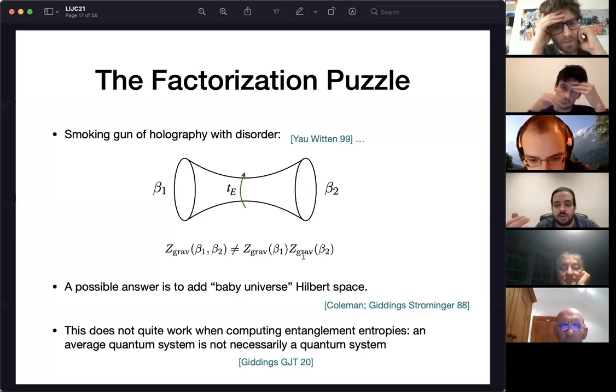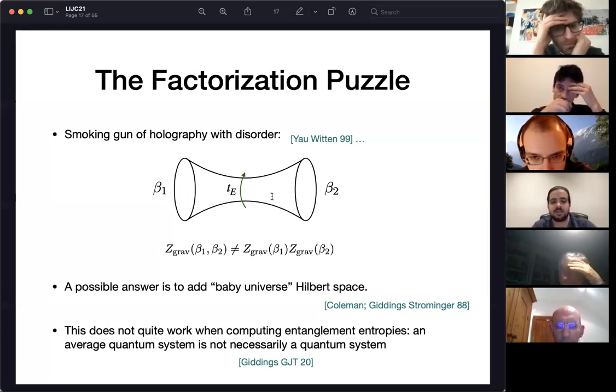If your theory were dual to a single quantum mechanical model, this would be an equality, because these are completely independent: you just compute the partition function of each and multiply. But the presence of these wormholes tells you that this is different. So this is an interesting quantity to study in general. Maybe in a case where you cannot study the full duality and cannot prove it exactly, at least you can analyze these geometries to see if it's dual to a theory with disorder or not.